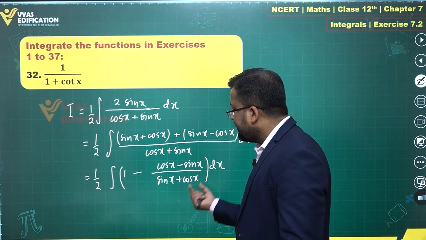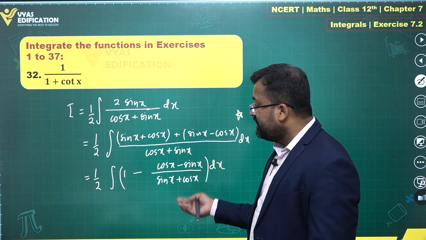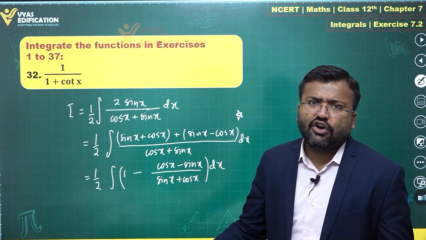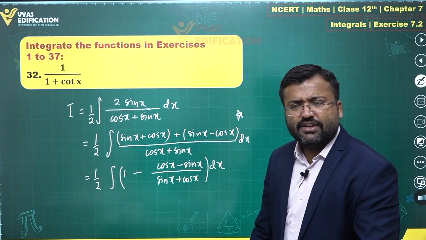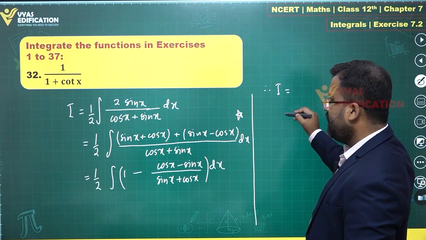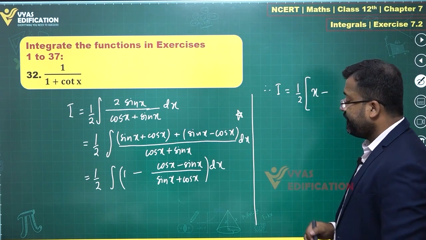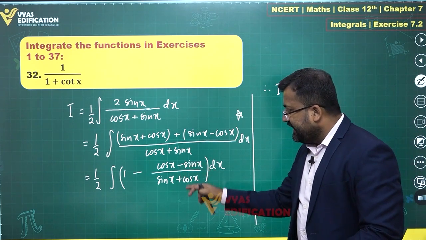For the second term, we can take sin x plus cos x as t. And this times dx becomes dt. dt upon t, the integral is log of mod t. I can write that directly now, we've solved so many questions. So therefore, I becomes equal to half, in the bracket you have x minus, once again, this is dt upon t.